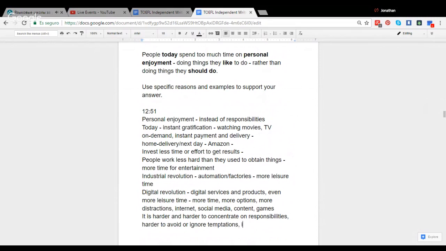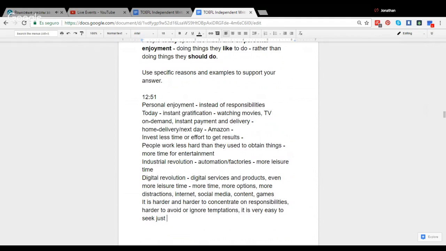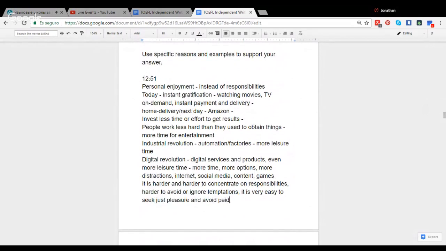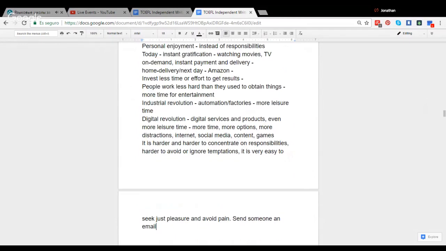It is very, very easy to seek pleasure and avoid pain. With digital technology we can send someone an email instead of calling them to give bad news. If it was our responsibility, let's say we had to fire somebody, we could just send them an email or a message. I do realize I am getting slightly off topic with that.